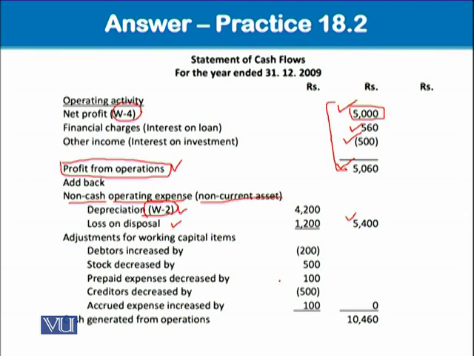So what we see is that we have the loss on disposal figure coming from the question. We have the depreciation figure. We have worked it out in working 2. And then we have to make adjustments for working capital items. Okay. Debtors increased by, subtract. Stock decreased by, add.